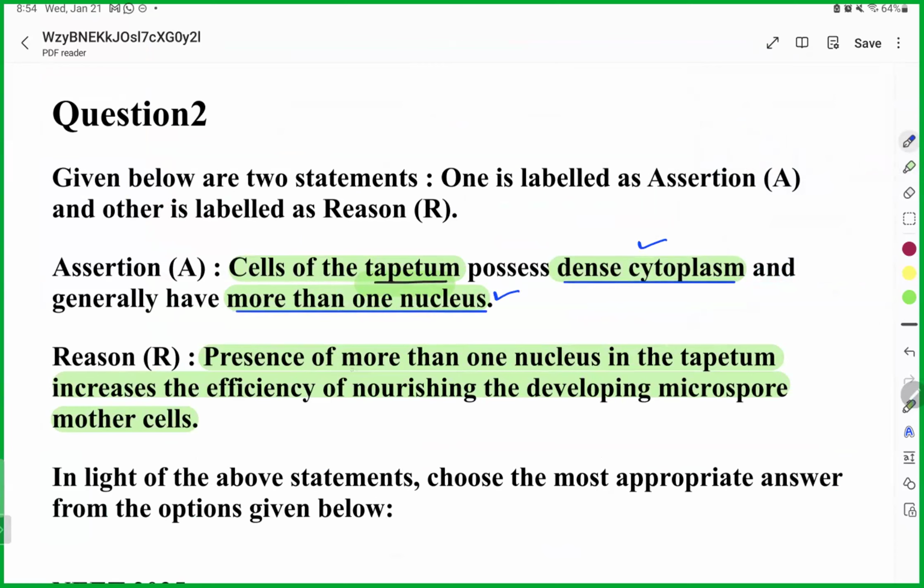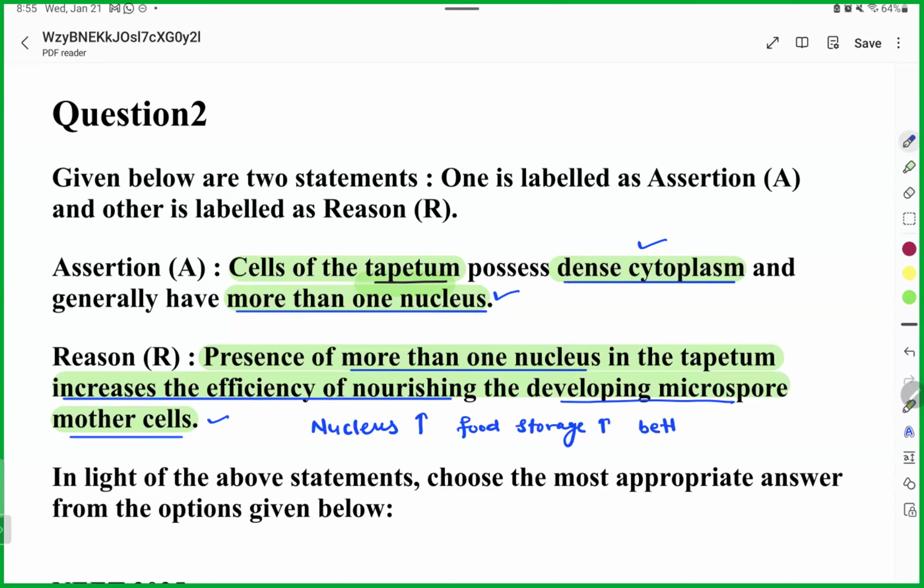Chandana, presence of more than one nucleus in the tapetum increases the efficiency of nourishment of the developing microspore mother cell. Yes, because if there is a greater number of nuclei, there is more food storage, and more food storage means better nourishment.